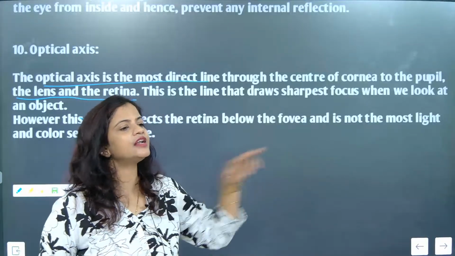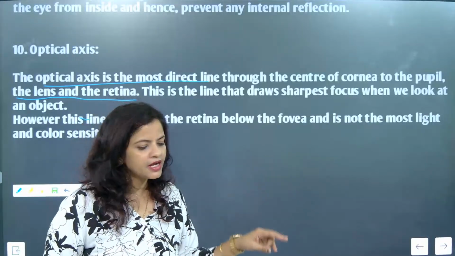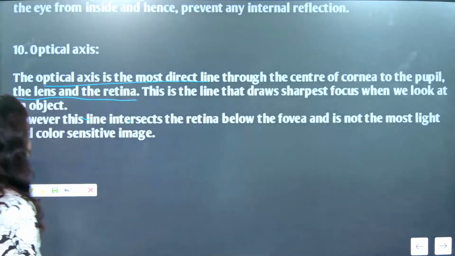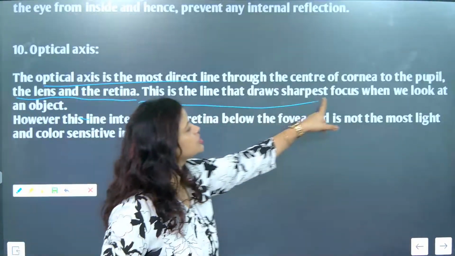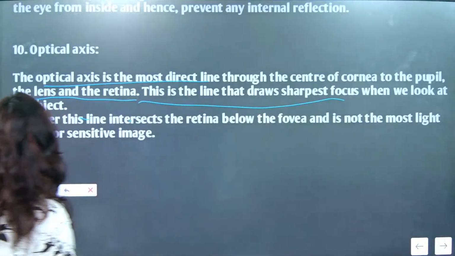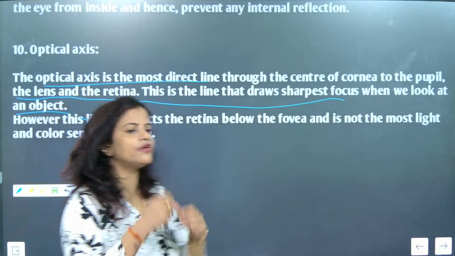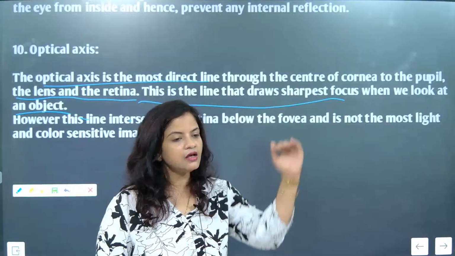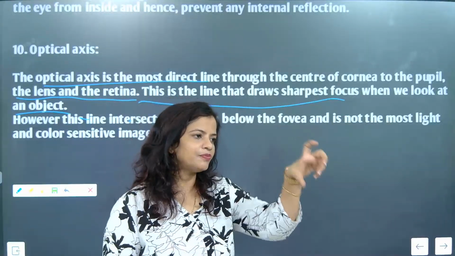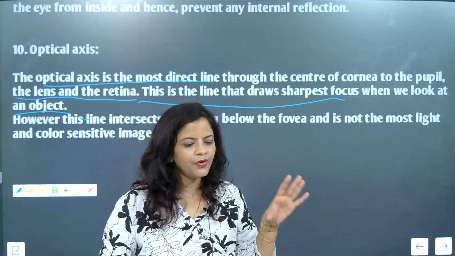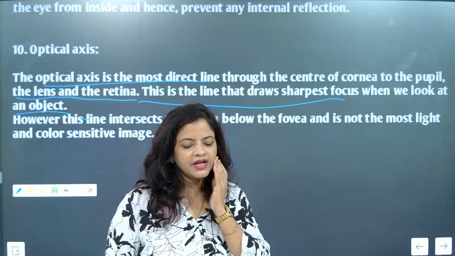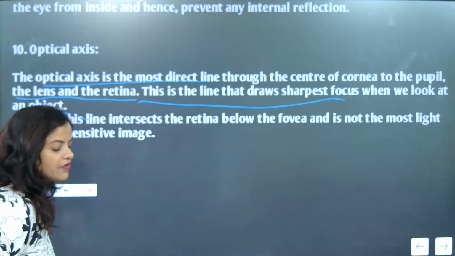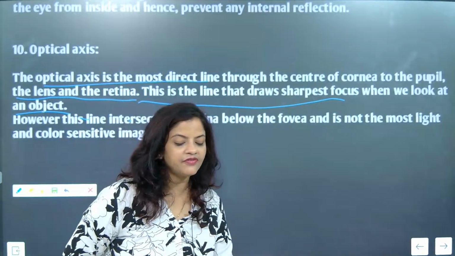This is the line that draws sharpest focus when we look at an object. So whenever we want to look at an object, this line gives the sharpest focus. I hope you have understood this part. Optical axis, absolutely correct. Online children, come on, start typing. Very good, Vishwa. Everybody understood?